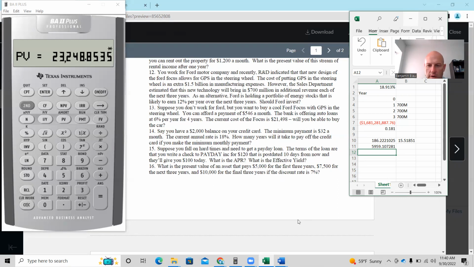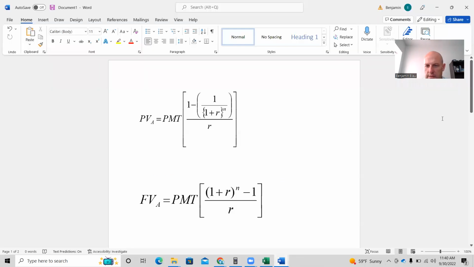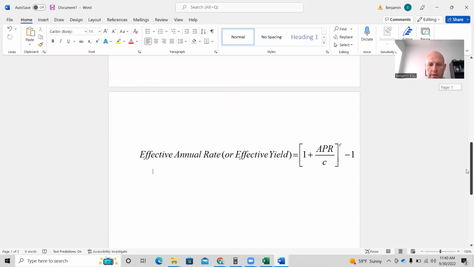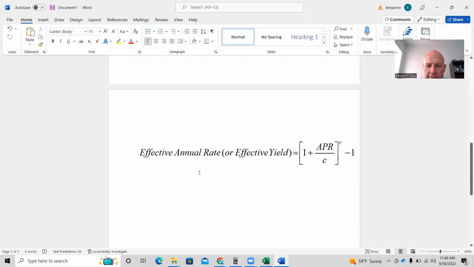Okay, let me explain some math here real quick. To calculate the effective annual rate, we're going to find the APR, and then take 1 plus the APR divided by C, where C is the number of compounds per year. In this particular problem, we're looking at a 10-day loan.